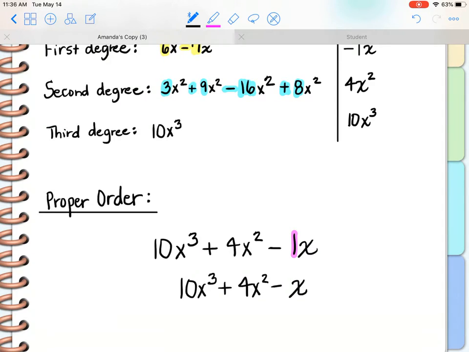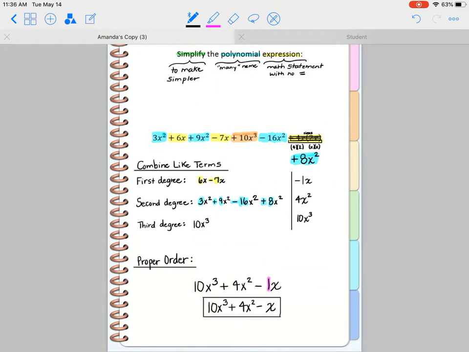And that is as simple as we can make this problem. We cannot combine degrees. We can't mix the 3's and the 2's. You can only put terms of like degree together. So the answer that you're wanting is in this box. But when you compare that to the original, this is simplified. It is shorter, it's easier to read, and it would be easier to work with if we had to go any further.